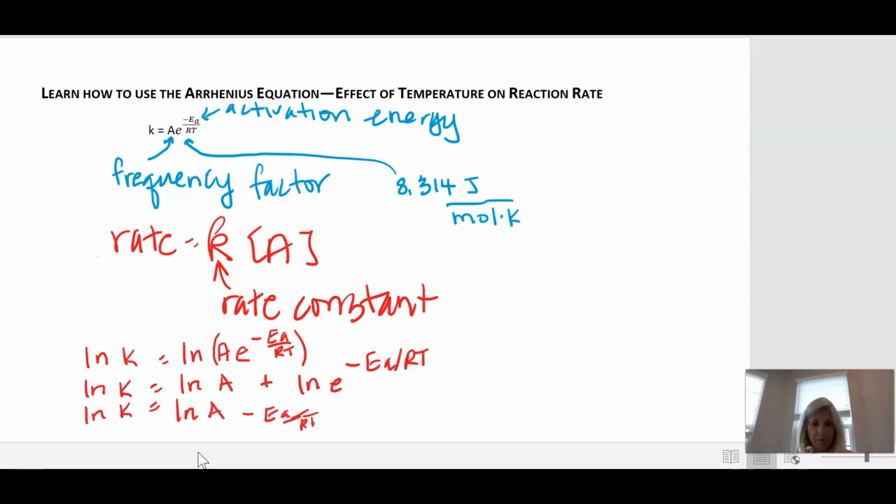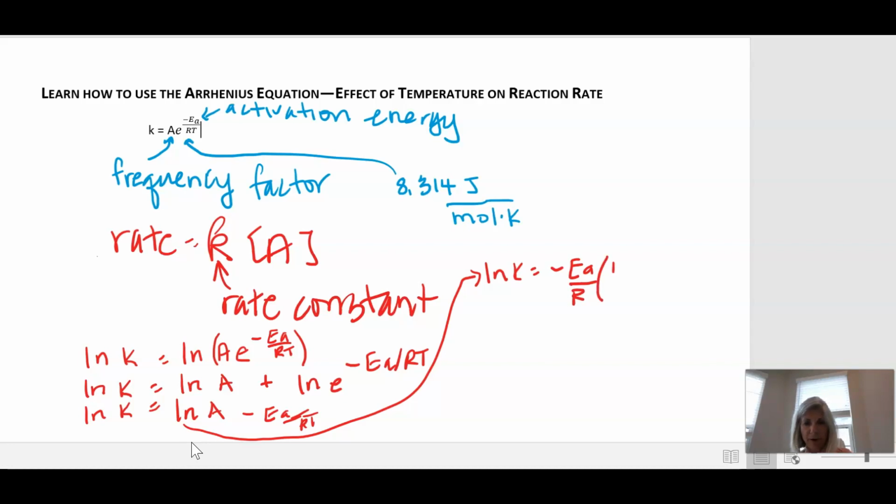That leaves us with, I'm just going to rearrange this a little bit over here. Putting EA over RT, starting with that. And T is in the denominator. I'm factoring that out like this. And now you can see that we have something that looks like an equation of a straight line, y equals mx plus b.